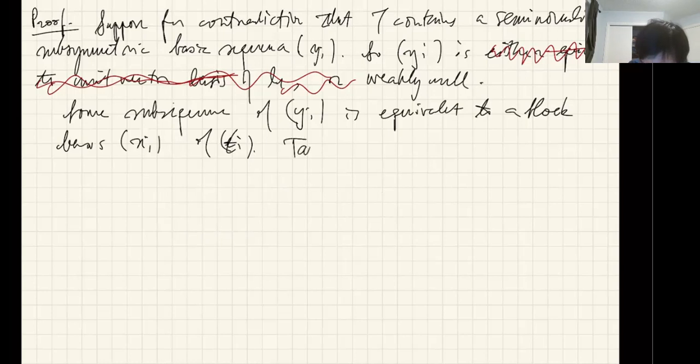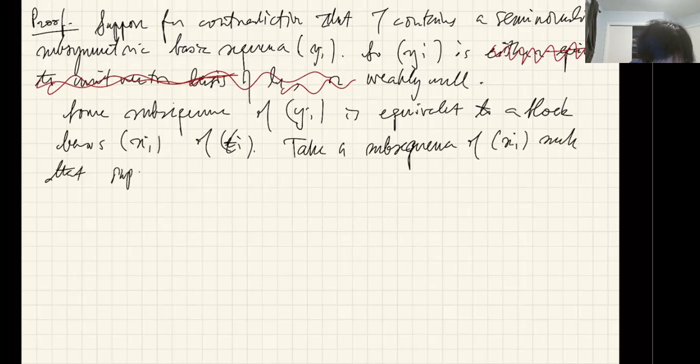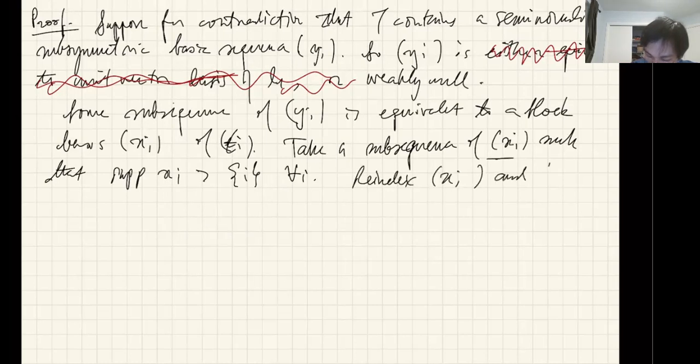Okay, so we take a subsequence of the xi's such that the support of xi is greater than the singleton set {i} for all i. Okay, and then we'll just reindex that so that that's actually xi, and then we reindex xi and yi.